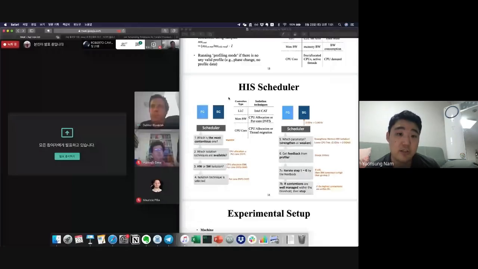So once they have used all configurations in the search for the hardware isolation, in other words, if the contention cannot be managed with hardware isolation techniques, then software isolation techniques can give more options to mitigate resource contention.